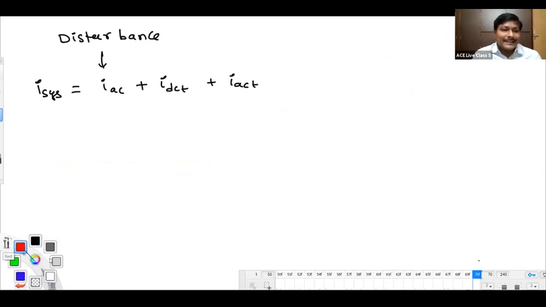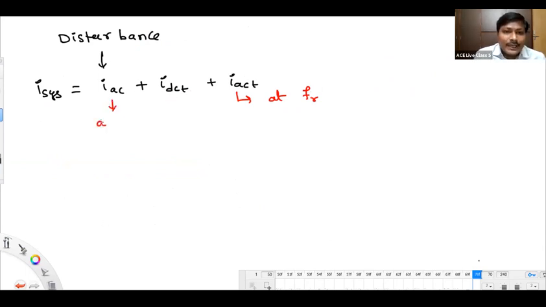This AC transient is at FR frequency. The DC transient does not have any frequency. But the other AC current is at a frequency of F only, 50 hertz. So 50 hertz current is there, DC transient current is there, and FR frequency current also exists because of those L and C combinations.